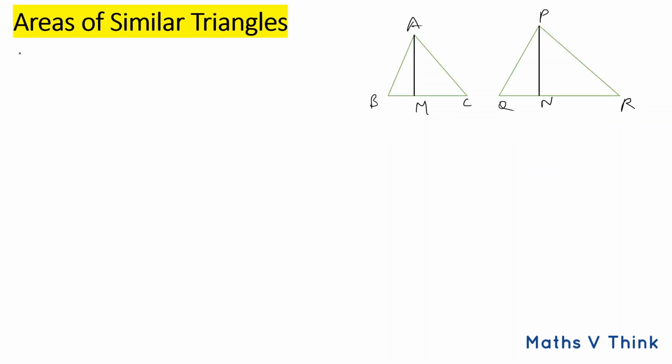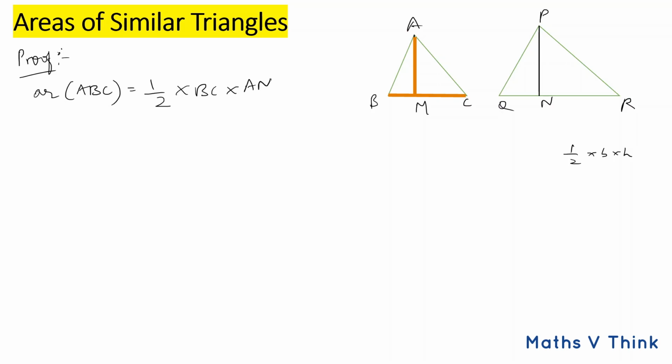Now proof. We already know the formula for the area of a triangle, that is half into base into height. I'll be applying that formula. So area of triangle ABC will be equal to half into base BC into height AM.